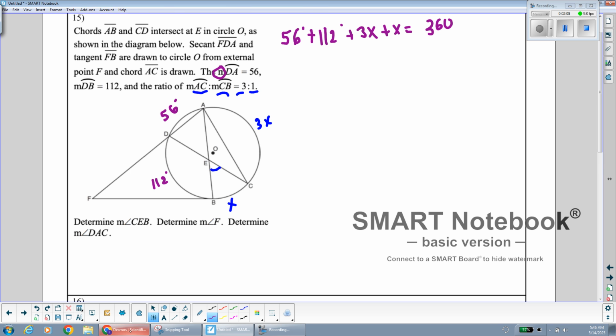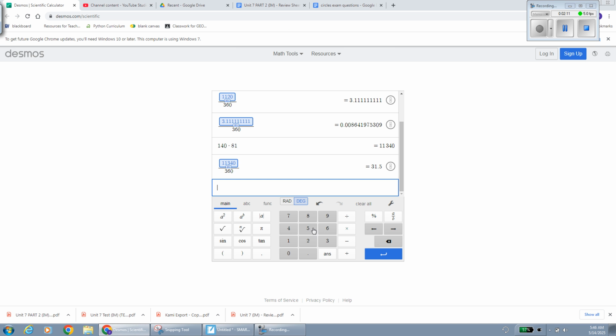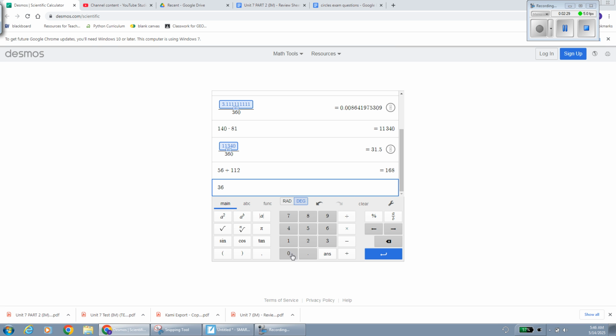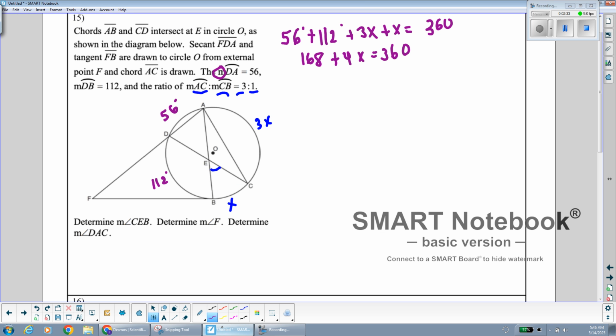So let me do 56 plus 112. And that's 168. 3x plus x is 4x. Let me subtract 168 from both sides.